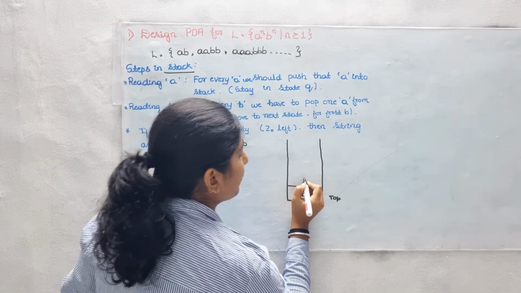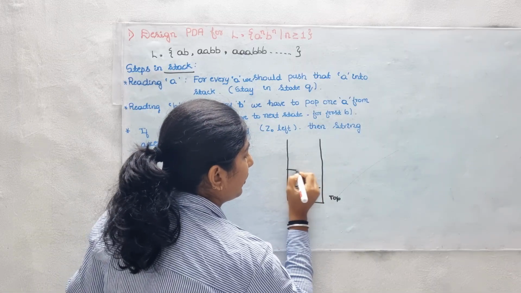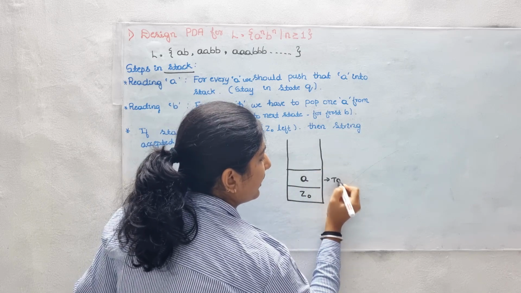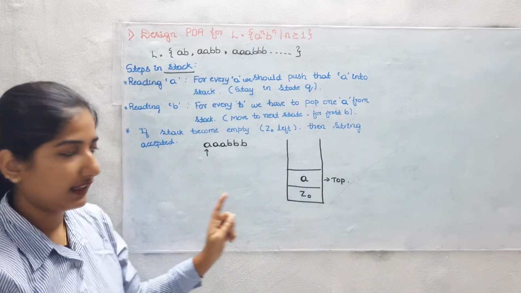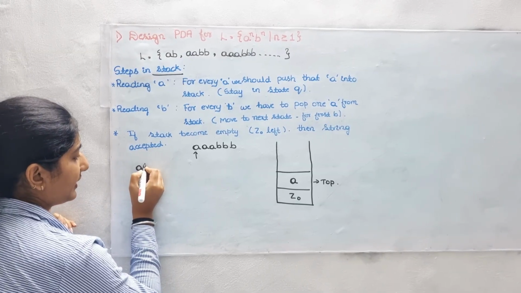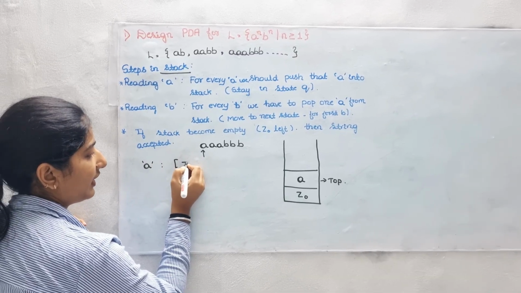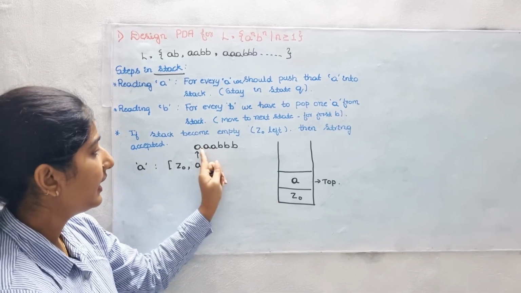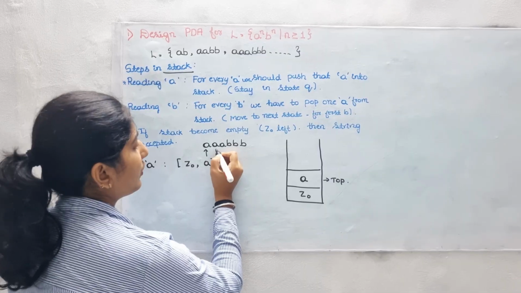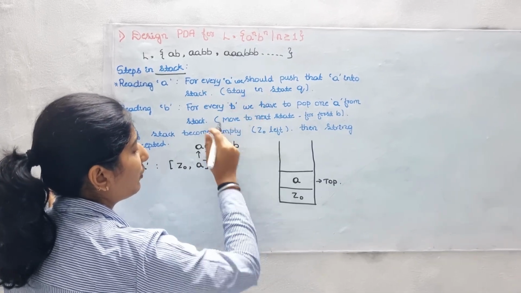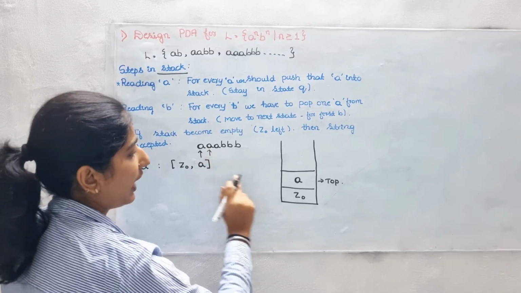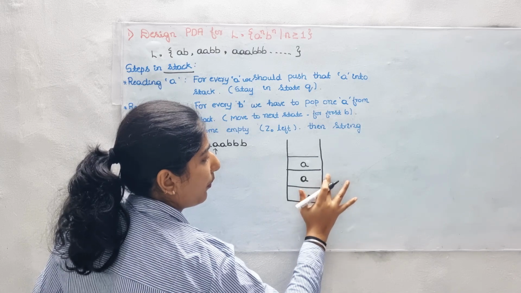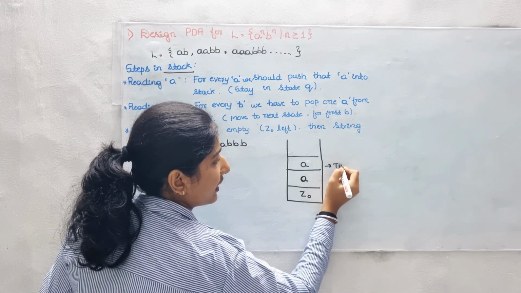So I am going to push that a into the stack. So the top will be a, right? So on the first a, we will have Z0 a, and then the reader will move to the next a. I got a again, so I have to push that a into the stack, and the top pointer will change.